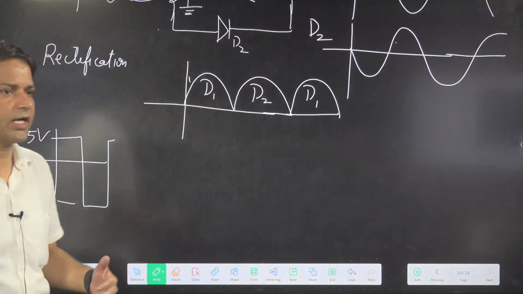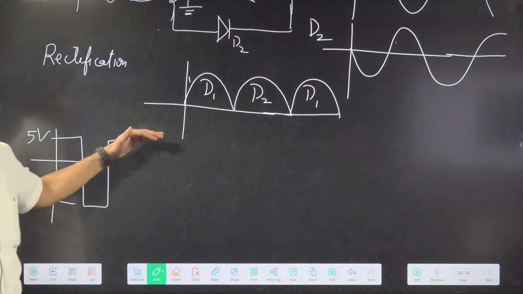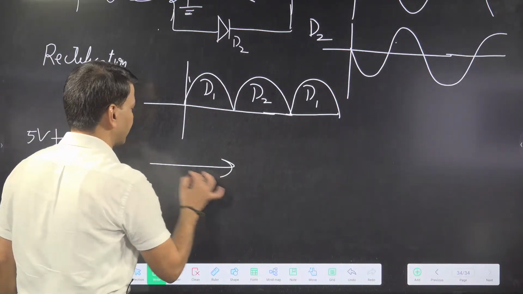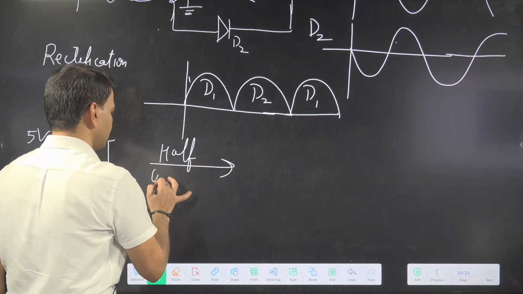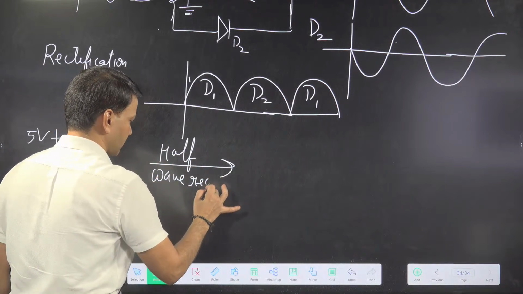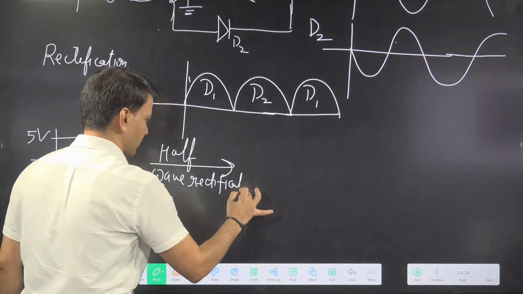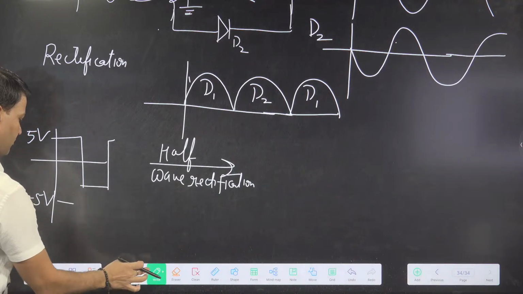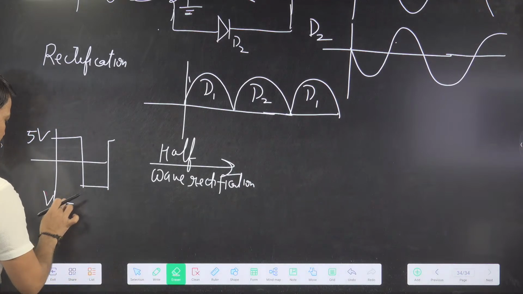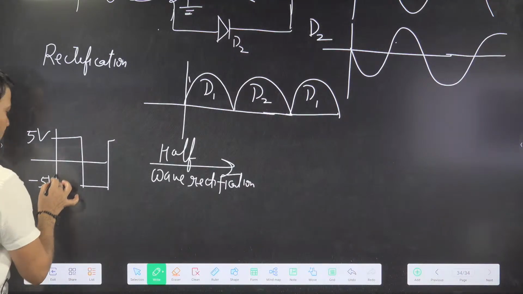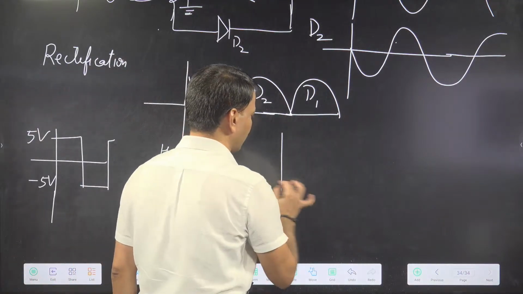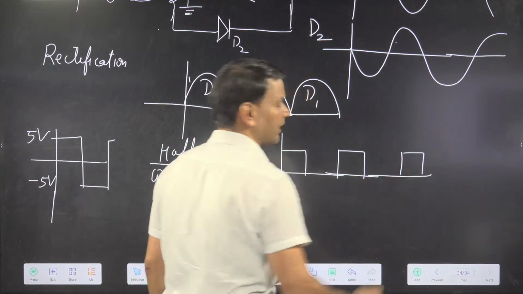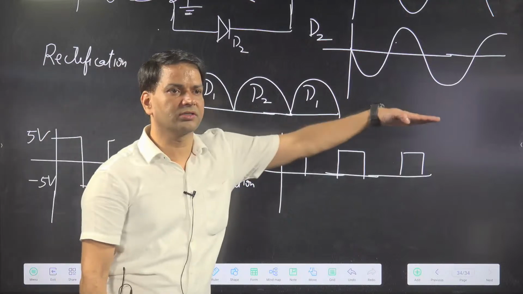If it is a half wave rectification, then the output you will get is 5, the negative gets cut, then 5, then the negative gets cut. After half wave rectification, only positive cycles we will get, the negative cycles get cut like this. If it is a full wave rectification, we will get the constant.